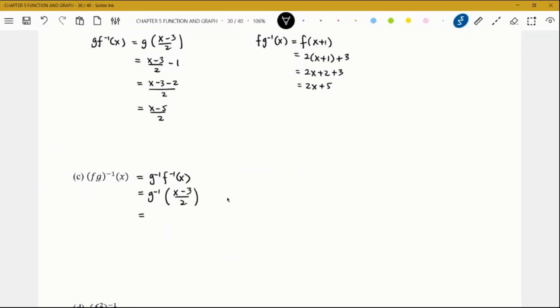So we substitute into the G inverse adalah X plus 1. So X minus 3 over 2 plus 1. So X minus 3 plus 2 by balance up denominator, the whole thing divided by 2. So end up will be X minus 1 over 2.